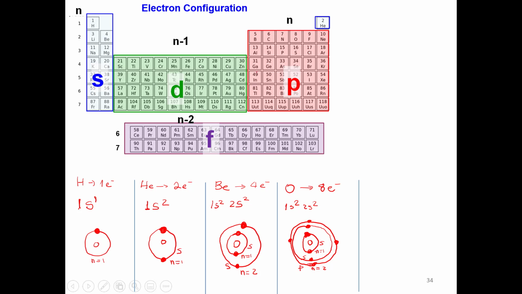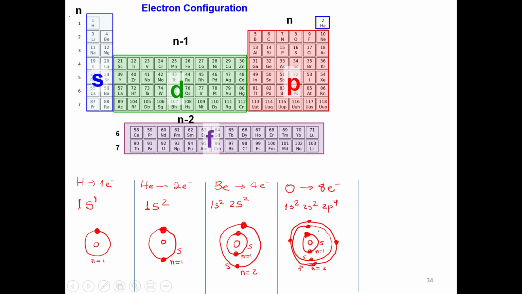Oxygen is in row 2, and we have the P group. Because oxygen is in the 4th position, 1, 2, 3, 4, we write here 4. How many electrons? 4 plus 4 is 8. Then it's right.